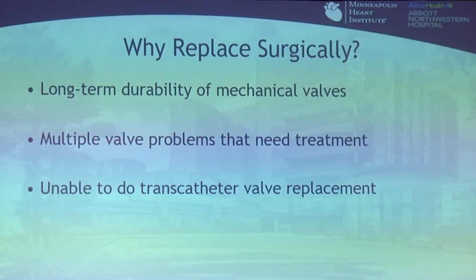So why surgically replace and not get a transcatheter replacement? The long-term durability of mechanical valves. Mechanical valves can't be placed through your groin, they have to be placed open surgically. Often patients have more than one valve that needs to be treated, and we can treat more than one valve at the same time. And often, for whatever reasons, patients are unable to undergo transcatheter valve replacement.